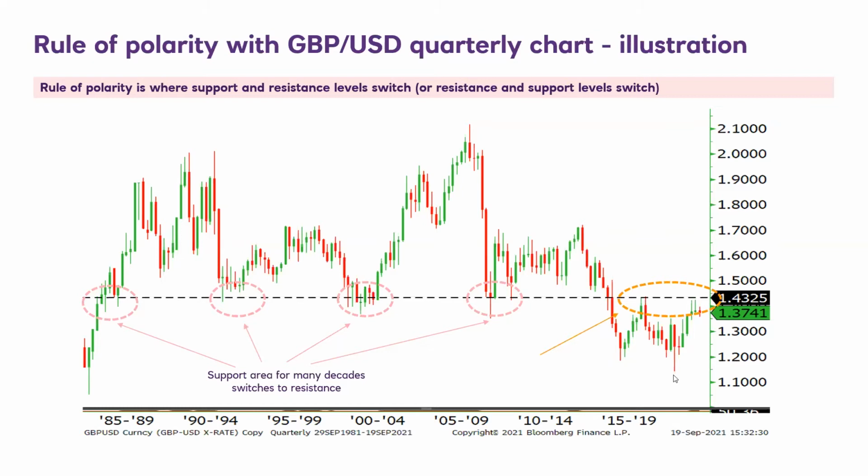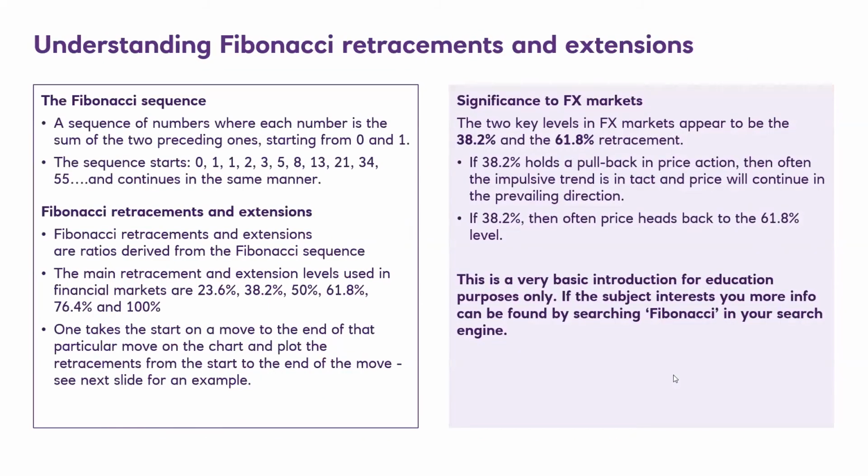Now, if we move to the next slide, the last topic I'm going to talk about here is the Fibonacci retracements and extensions. The Fibonacci extensions and retracements are derived from the Fibonacci sequence, where you add the two previous numbers together to get the next number.